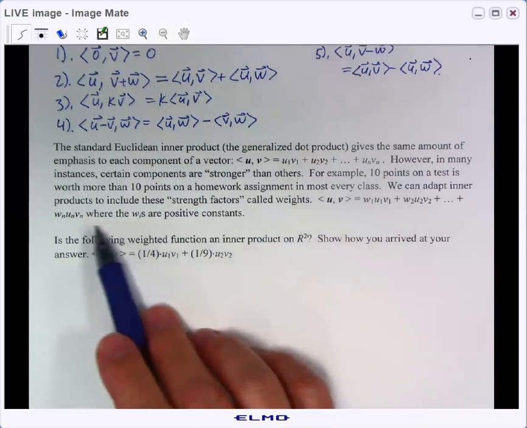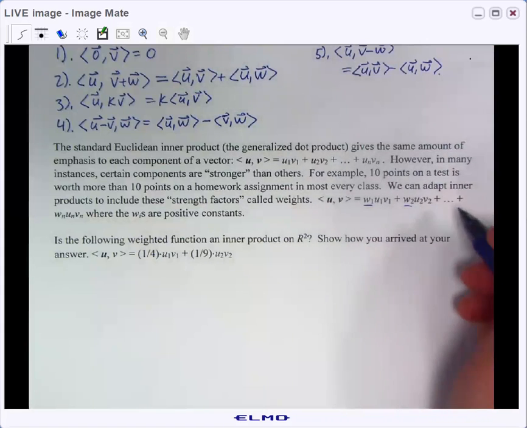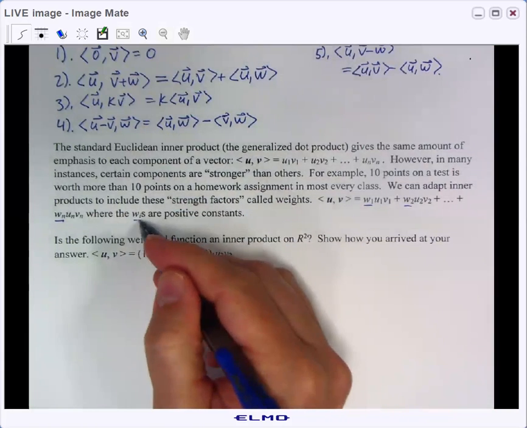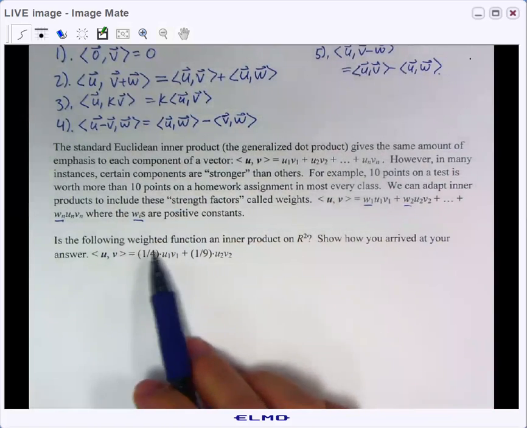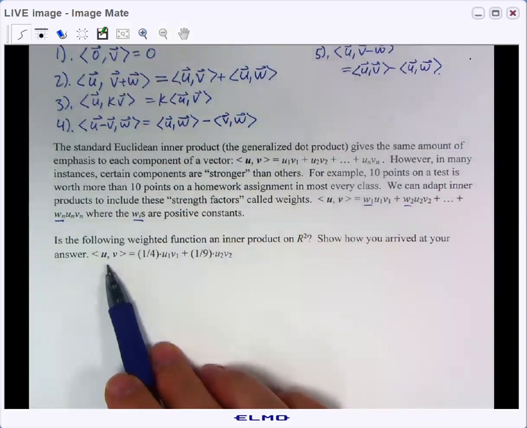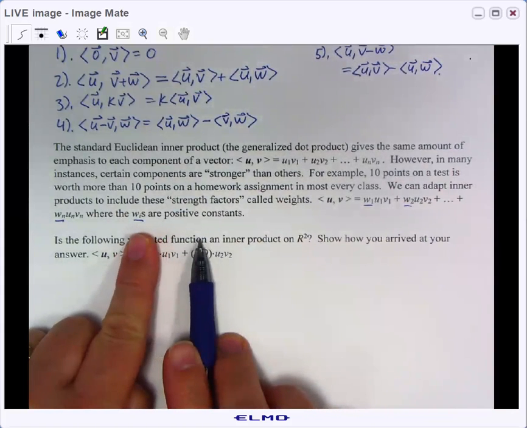So if we include these weights W1, W2, all the way out to Wn, where each of those is a positive number, the larger the positive number, the stronger the weight it will carry. So let's do an example. We know that the dot product is an inner product.